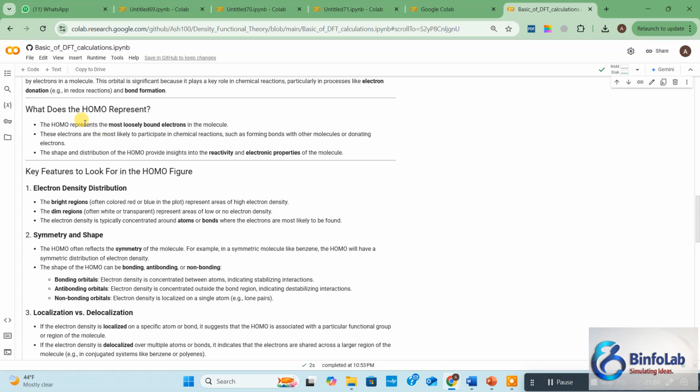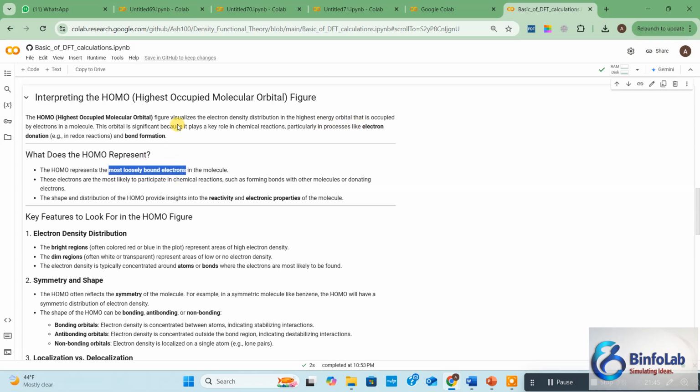So what the DFT is looking for, the HOMO represents the most loosely bound electrons. If a compound contains some atoms which have loosely bound electrons, I will call them naughty electrons, or out of control electrons, just for fun. Those out of control electrons will be most likely to be involved in interactions.